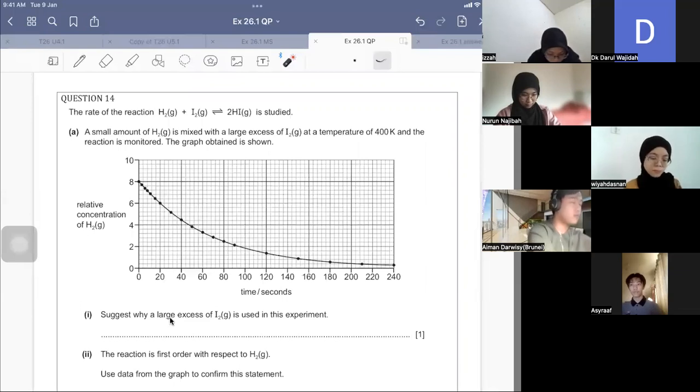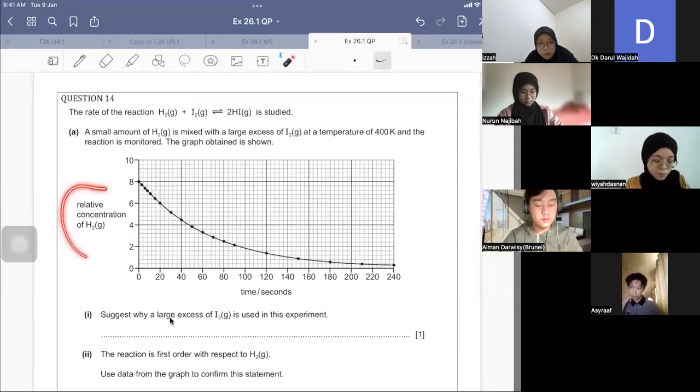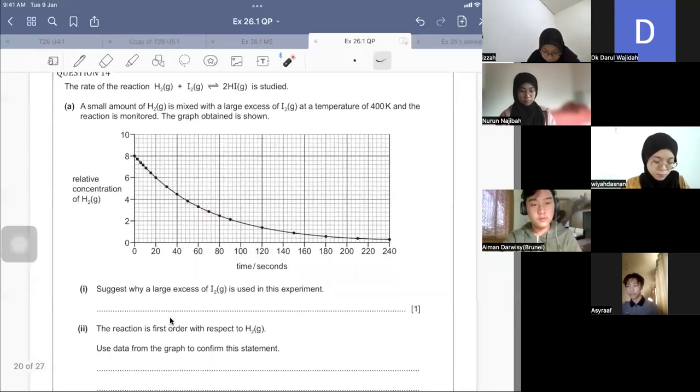So then you plot the concentration of hydrogen over time, and you get a concentration time graph, okay? And if you see a concentration time graph that is a curve, it is not zero order, okay? That's one thing for sure we can say, it's not zero order. Okay, suggest why a large excess of iodine is used in the experiment.